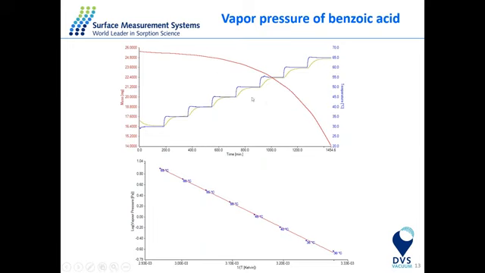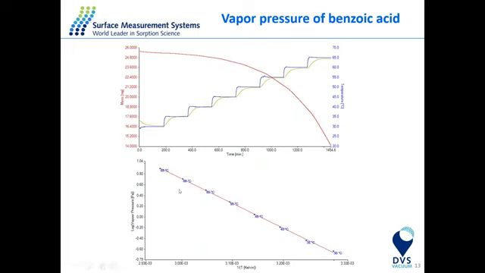From this data, we can calculate, using the equation which I showed earlier, the vapor pressure of the benzoic acid at different temperatures. As we do this, we automatically calculate the heat of vaporization using the classical Clapeyron equation, and then here we get the logarithm of vapor pressure versus inverse temperature.